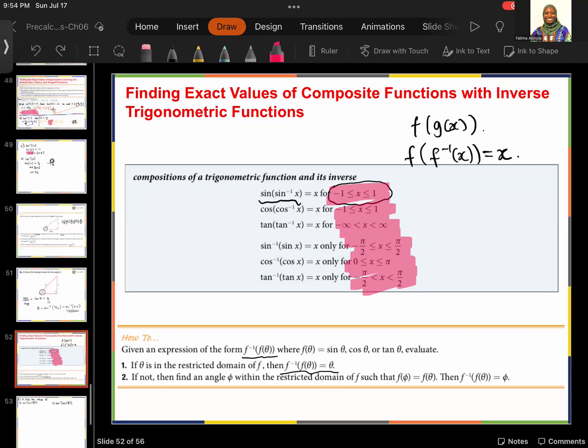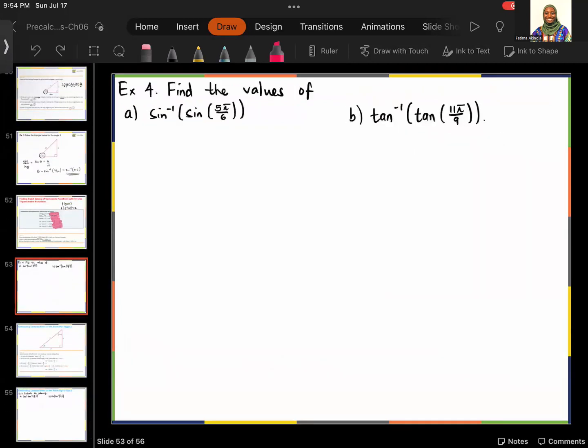So first, let's look at an example that says find the value of sine inverse sine of 5π/6. Now 5π/6 would be in the second quadrant.